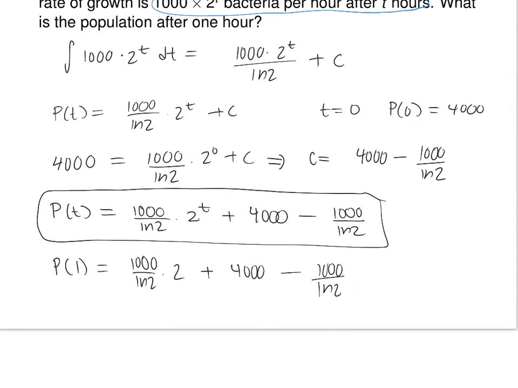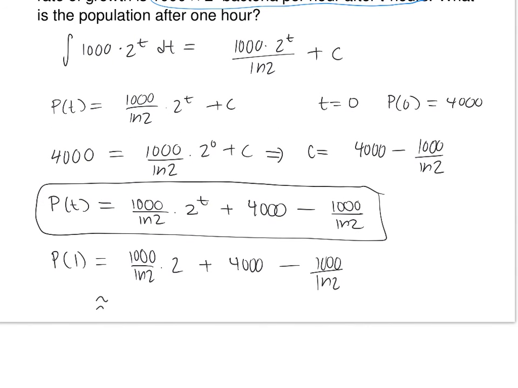I don't have a calculator. So could somebody calculator that for me, please? It's about equal to, round to the nearest. I got 5,442.7. Okay, approximately.